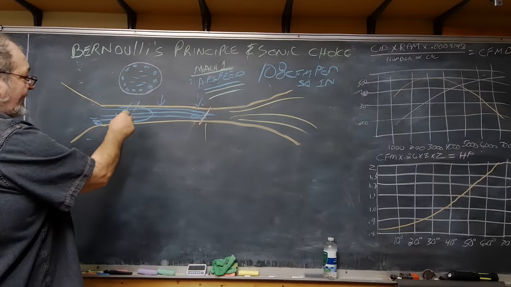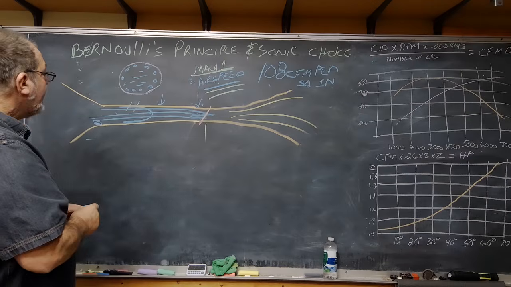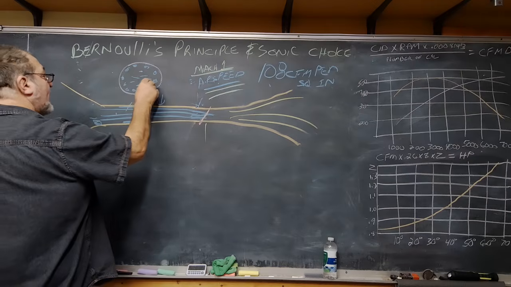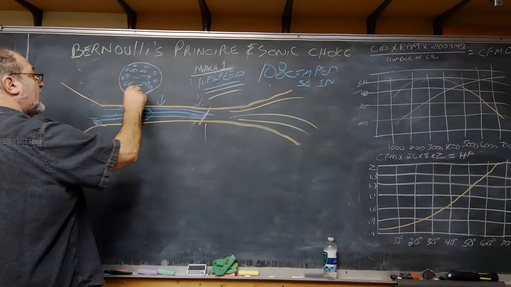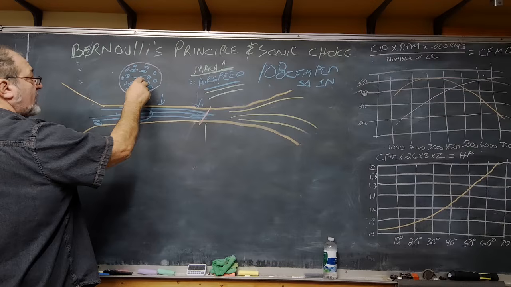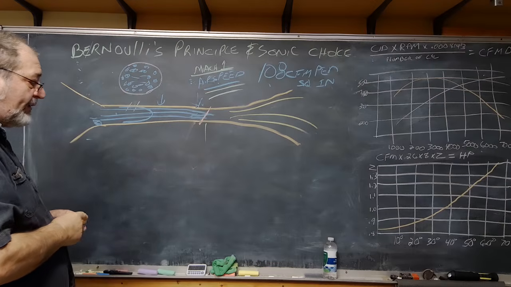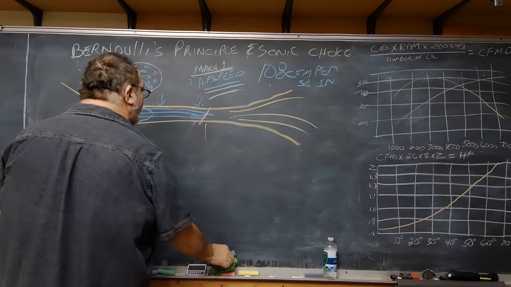Now, as airspeed goes up and up, this boundary layer starts to increase, okay? And that restricts the amount of area you have inside the runner.